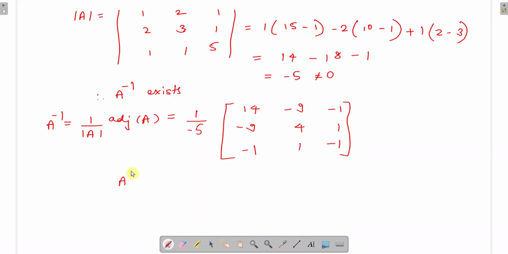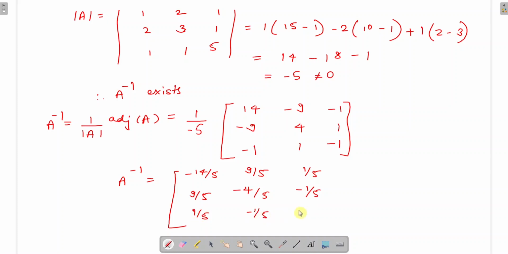So A inverse will be equal to, we can take this inside here, so minus 14 by 5, then 9 by 5, 1 by 5, 9 by 5, minus 4 by 5, then minus 1 by 5, 1 by 5, minus 1 by 5, 1 by 5. Okay, this is the A inverse.